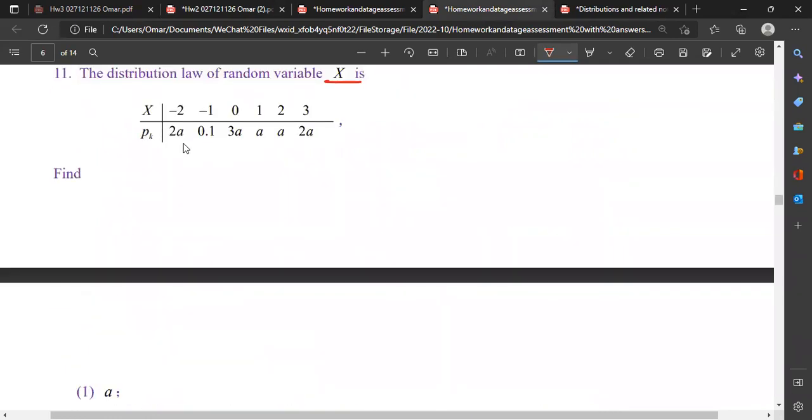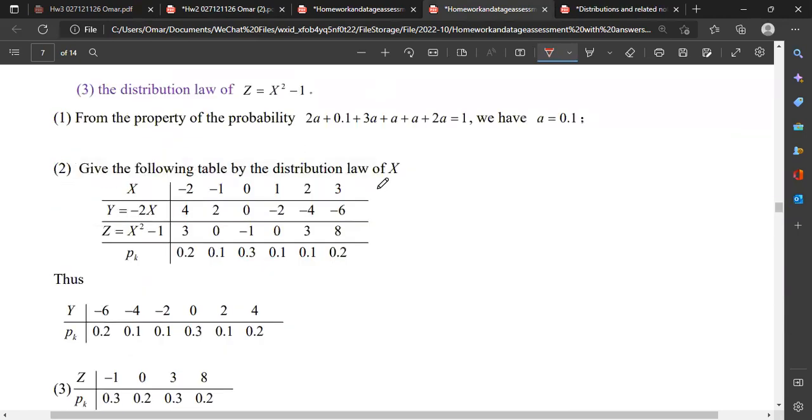It's very simple. We know that our total probability is equal to 1. So we have to just add them together and write is equal to 1. And then we calculate for the value of a. I can do some simple algebra and I can get the value of a. So a is equal to 0.1.